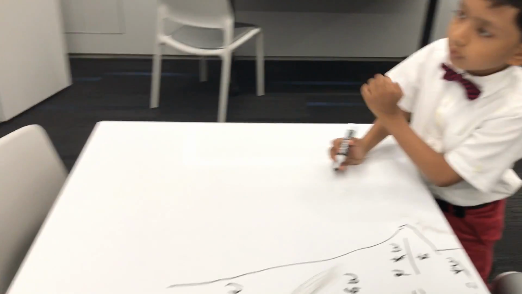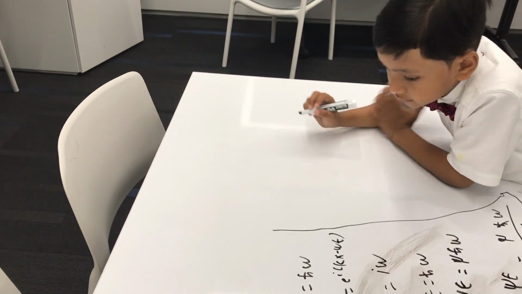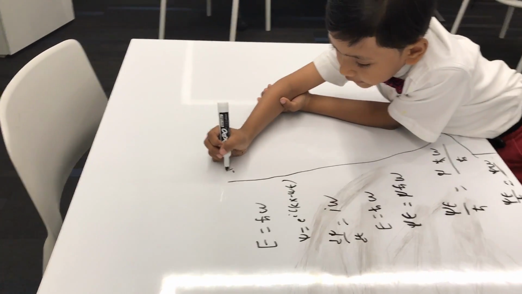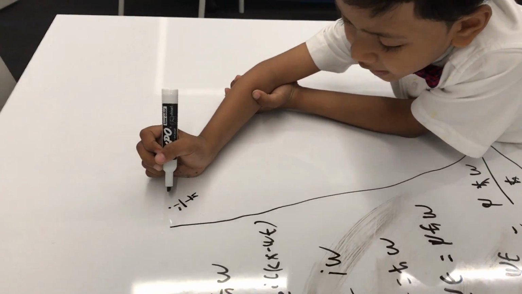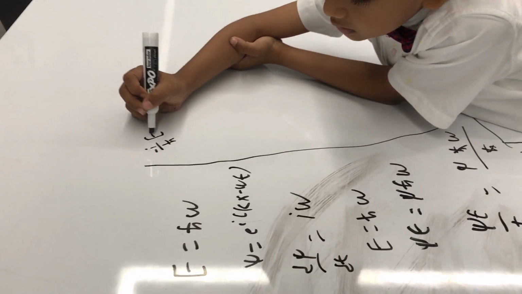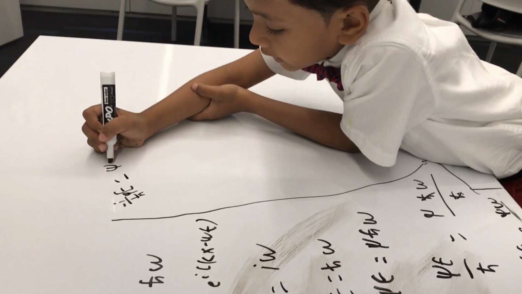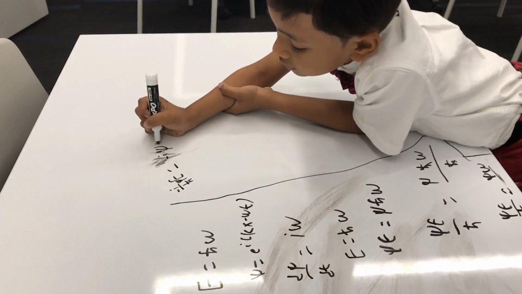Okay, so let's see. Now we have, okay. So let's multiply both sides by negative i now. Negative i over reduced Planck constant times psi e is equal to negative i psi omega.